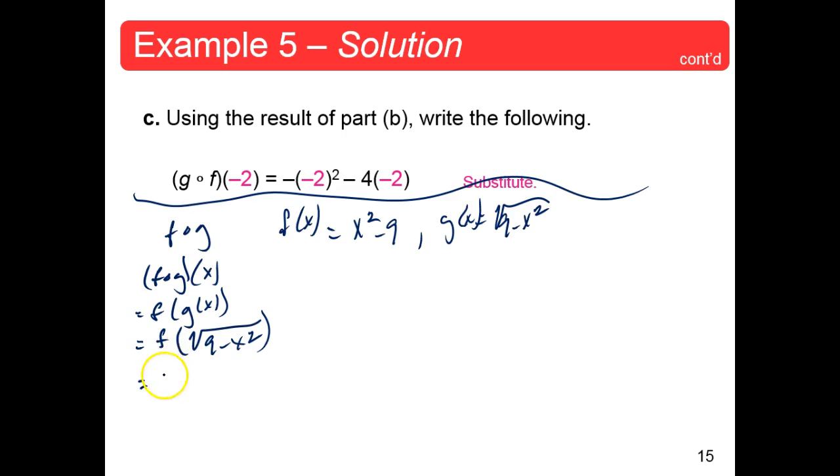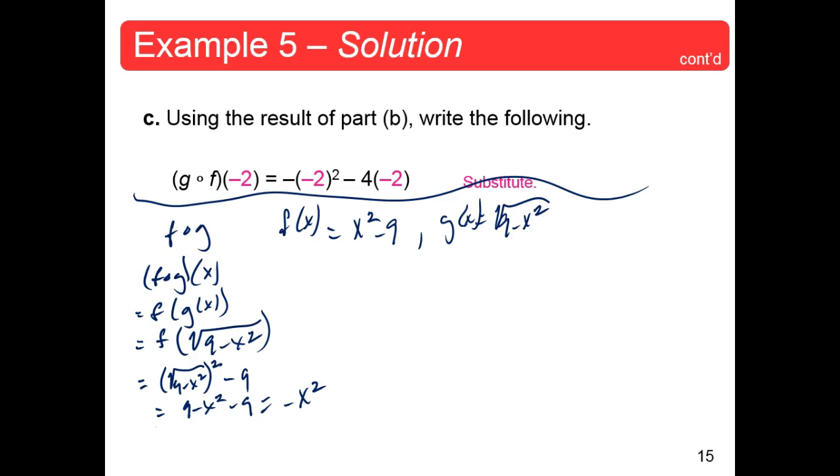To square that thing, minus 9. What is the square root of 9 minus x squared, squared? 9 minus x squared, okay? So that would be 9 minus x squared minus 9, which would be negative x squared.